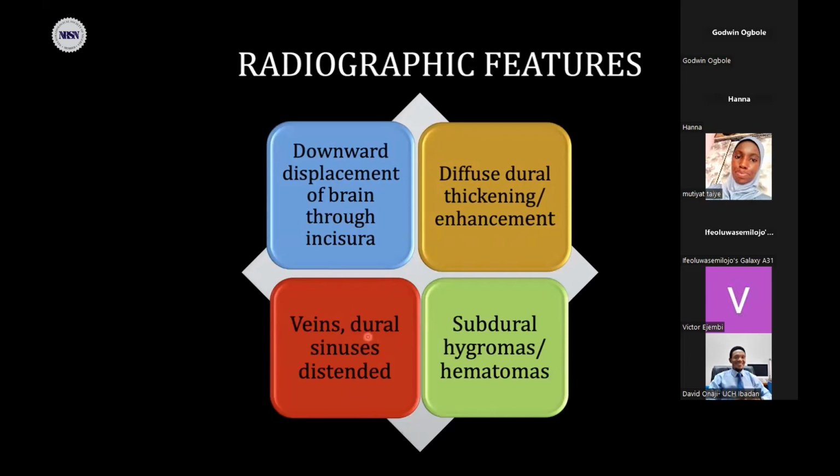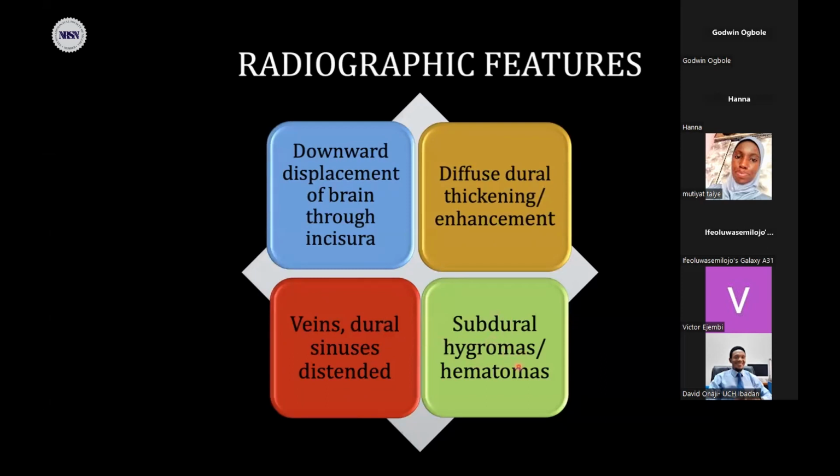The dura will be thickened, and these will be smooth, because you just want the thickened pachymeningeal enhancement. So veins will be distended, and this could be either intracranial or along the spine.